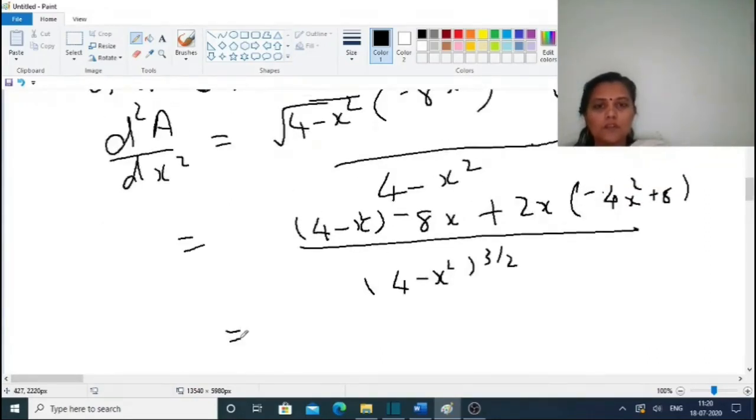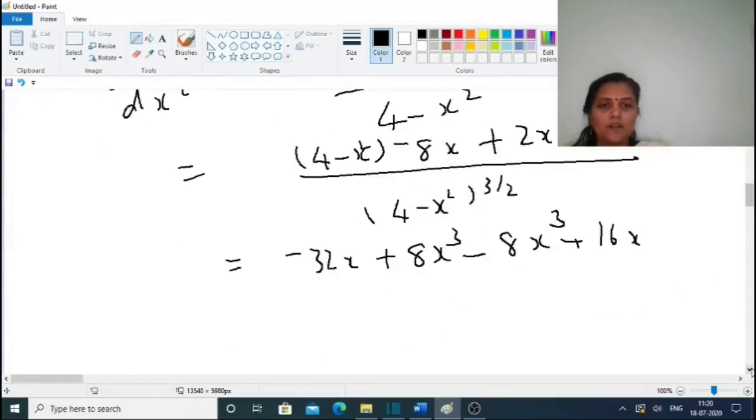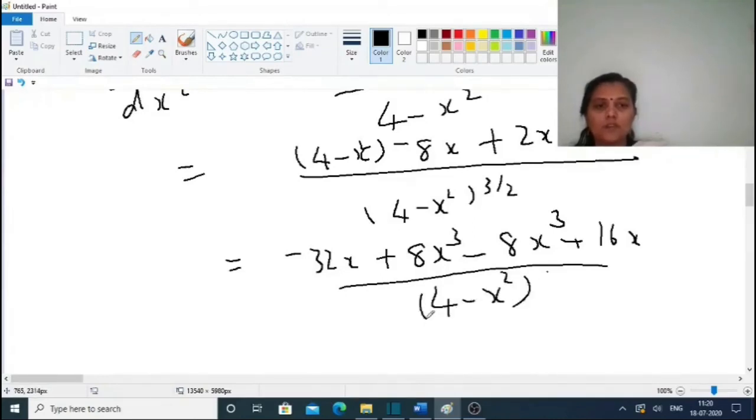So this is minus 32x plus 8x cube minus 8x cube plus 16x by 4 minus x square raised to 3 by 2. So this is minus 16x by 4 minus x square raised to 3 by 2.